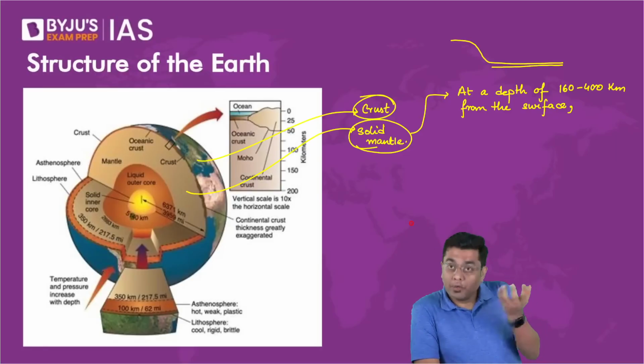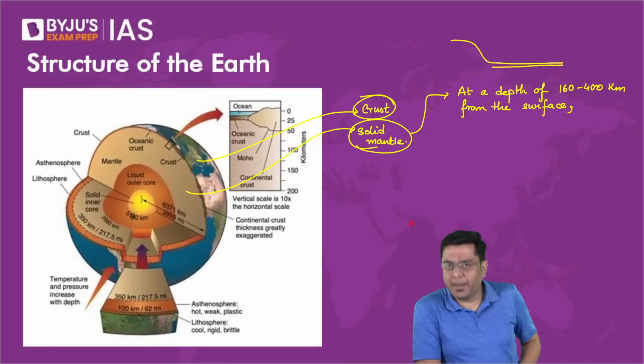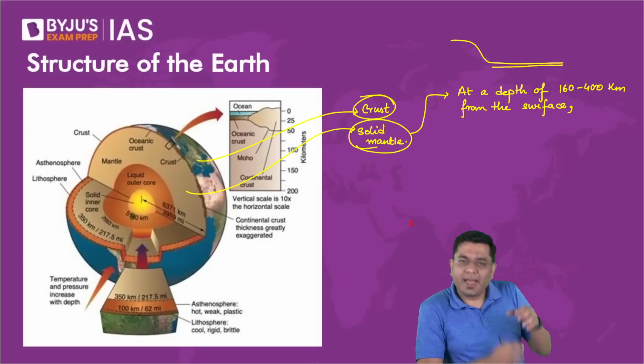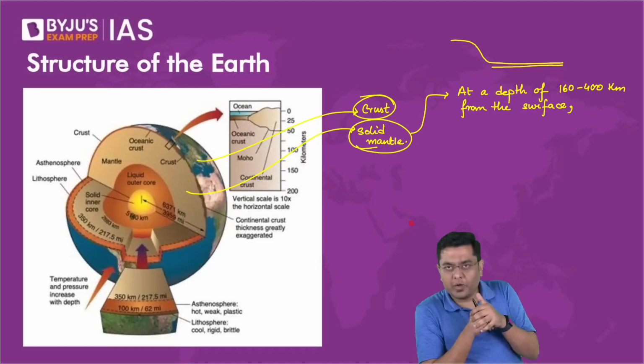The outer core was made up of comparatively lighter substances as compared to the inner core. Even though both of them are dominated by iron and nickel, there would still be a slight mass difference. That differentiation separated the outer and inner core, and that led to the solidification of the inner core.